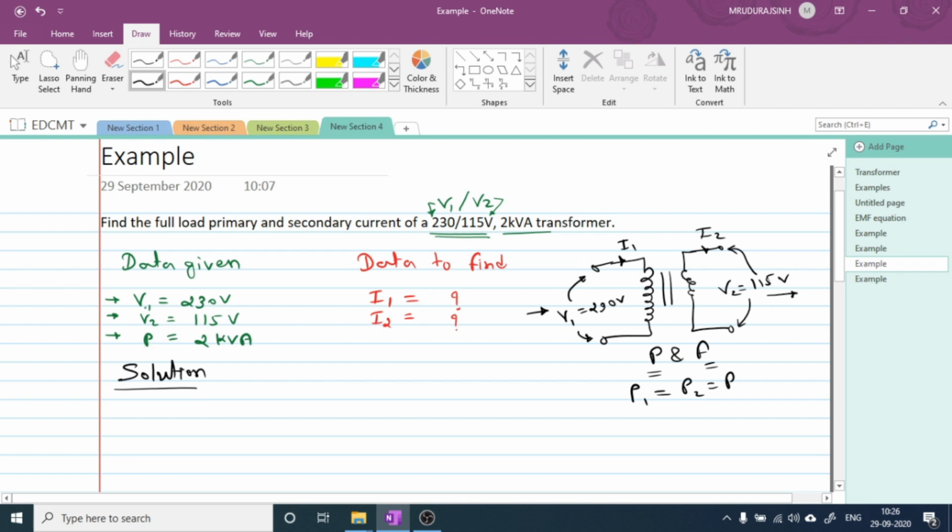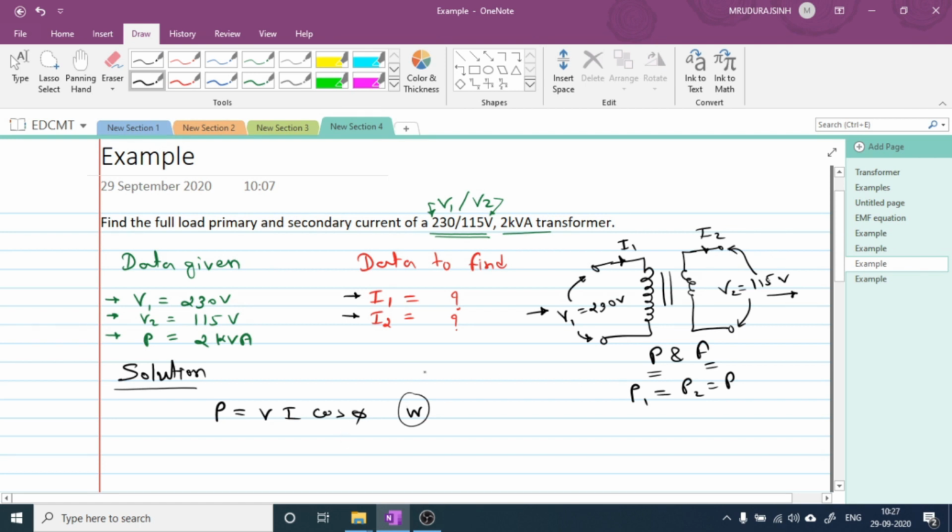For solution we need to find the current, primary current and secondary current. So the equation of power P is equal to VI cos phi. This is watt power, right?